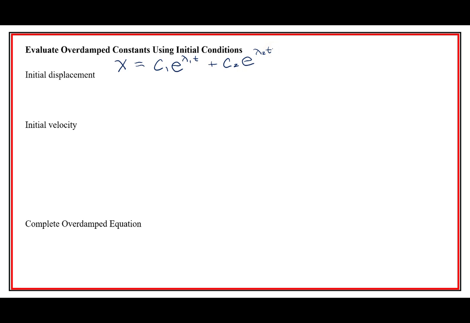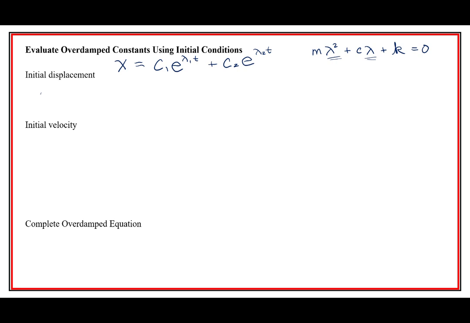If you recall from the previous videos, we would get the roots of the characteristic equation, which looks like this right here. So if you find these two roots, lambda 1 and lambda 2, two real but different values, that's what you would get for the lambdas.